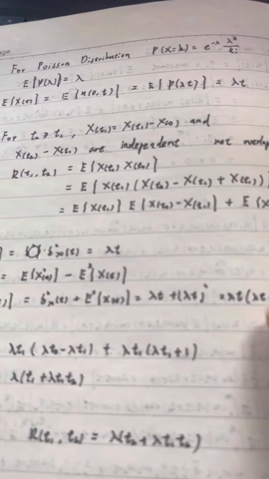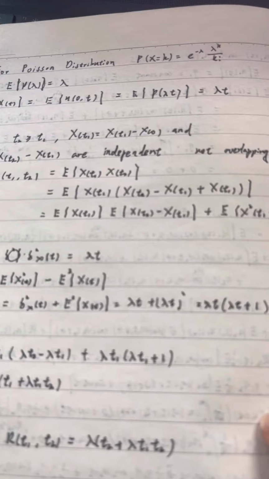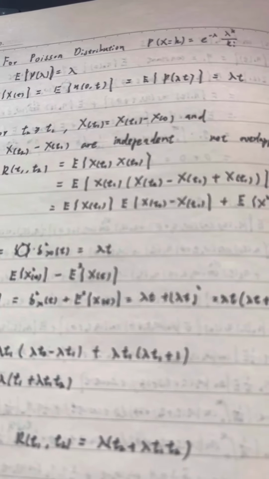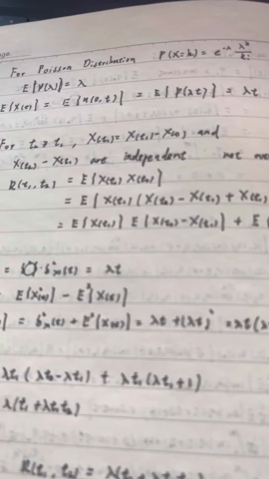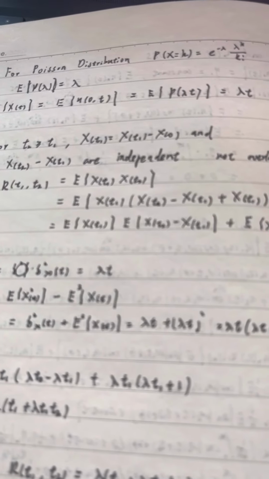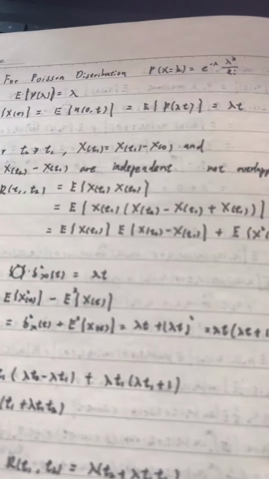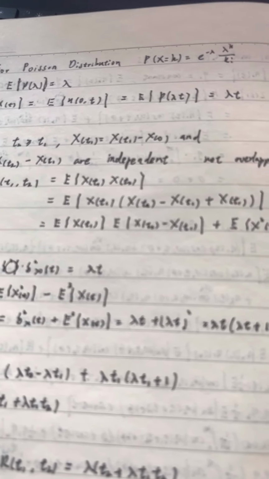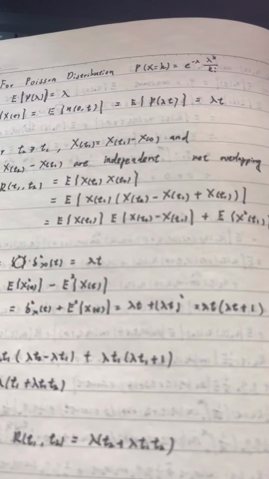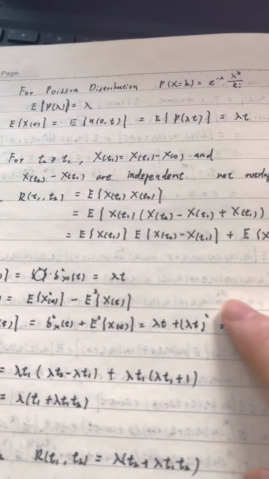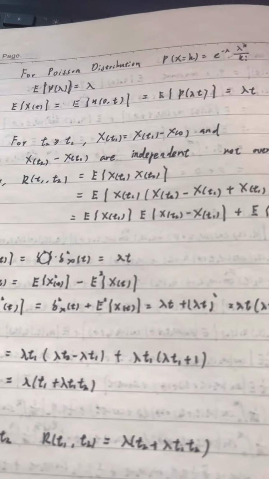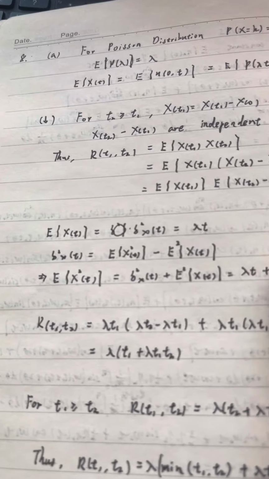It equals the expectation of a Poisson(lambda t), because we can think of N(0,t) as a Poisson distribution where the parameter is lambda t here. So the expectation of X(t) equals lambda t. That's subproblem A.